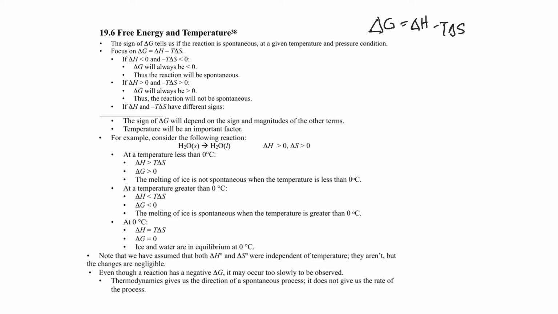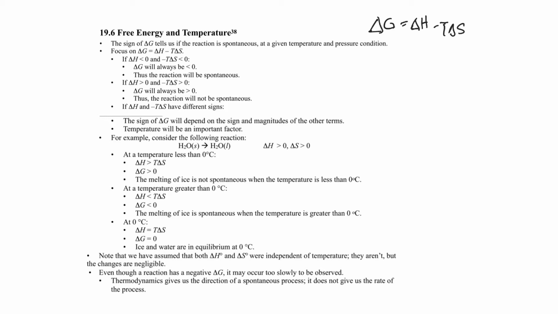So it's a spontaneous reaction for ice to melt when the temperature is above zero, but it's a non-spontaneous reaction for ice to melt when it's below zero. In fact, the opposite is true. If you have a Gibbs free energy that is positive, if your delta G is positive, then the reverse reaction is spontaneous.